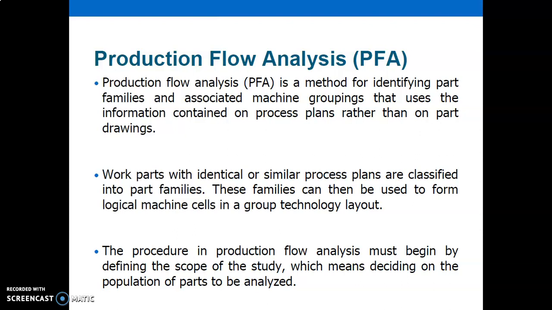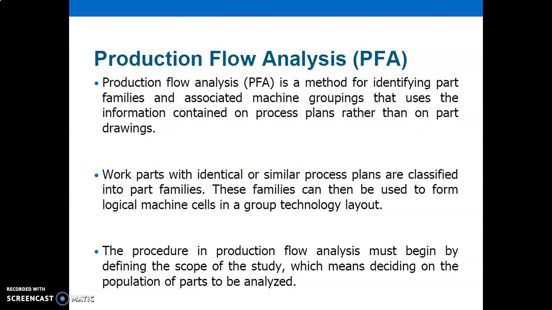You can analyze that in the earlier two classification methods, we are not using any relation basically. In the first, visual, you normally observe the drawing or part and group all the parts into different part families.